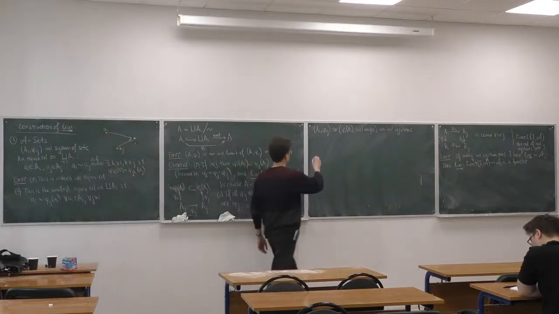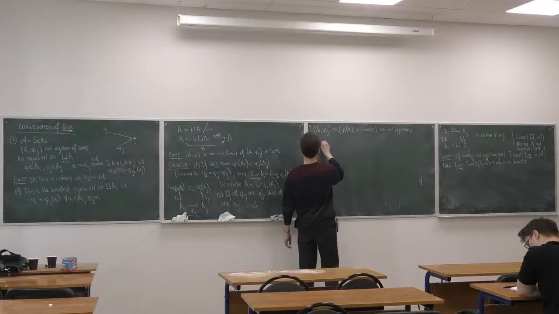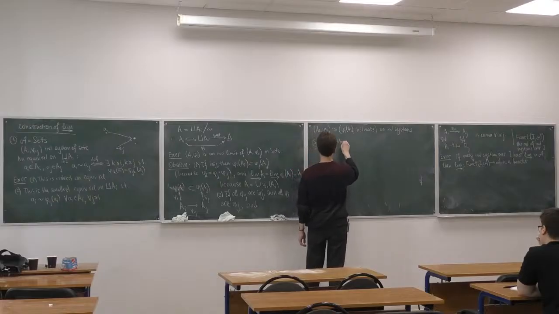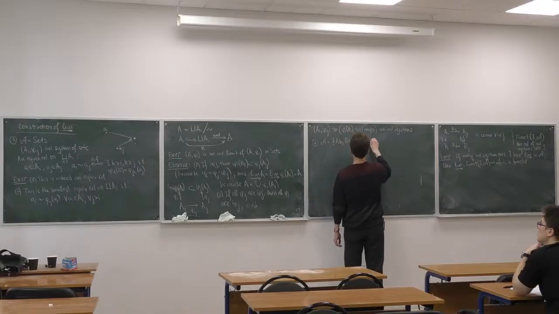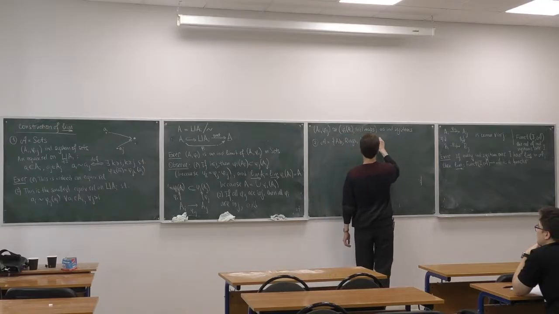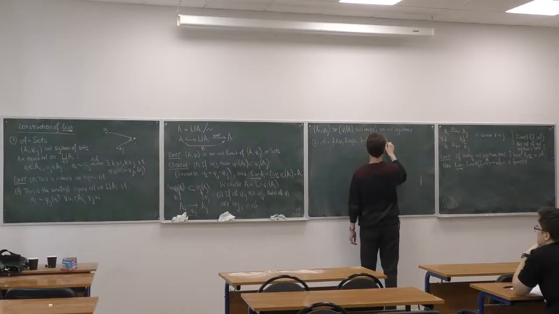Let's now take any of the following categories. For example, the category of abelian groups, or the category of rings, or the category of algebras over any commutative ring, or the category of star algebras over the complex numbers.